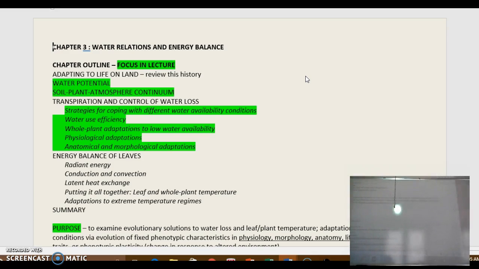If you're a C3 plant in the same environments, then you've got some physiological challenges, right? You're not quite as good at getting that CO2 in and hanging on to it and not letting water out.